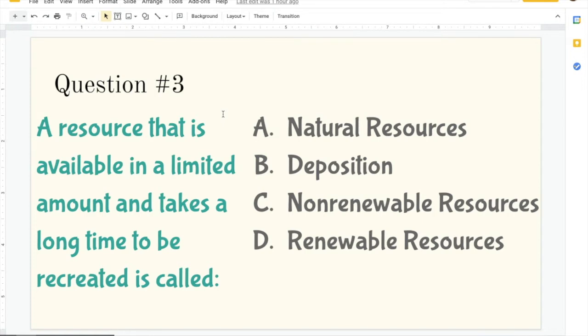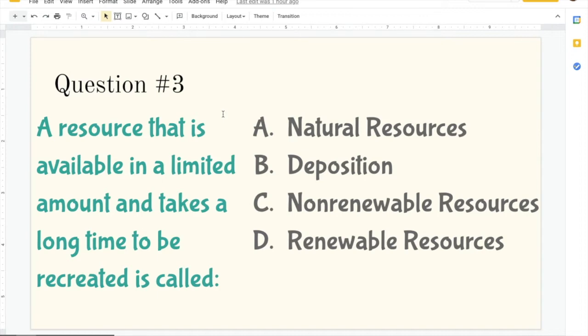Question 3 says, a resource that is available in a limited amount and it takes a long time to be recreated. What are those resources called? Is it natural resource? Is it deposition? Is it non-renewable resource? Or is it renewable resource?